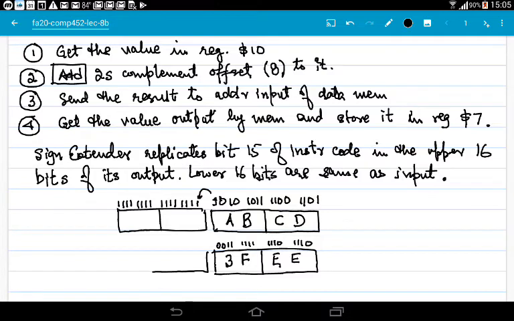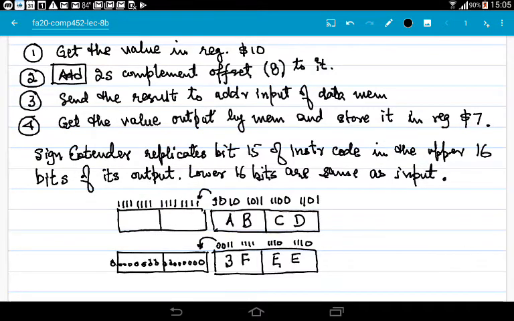Now what the sign extender will do is look at the MSB. MSB is 0. So you will have eight zeros, then another eight zeros.